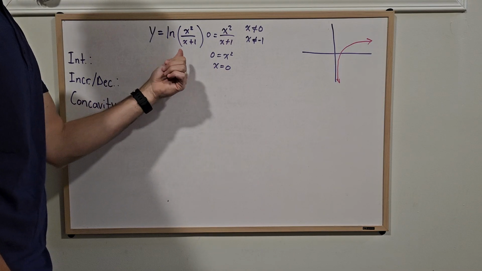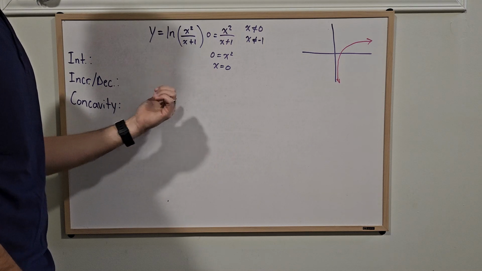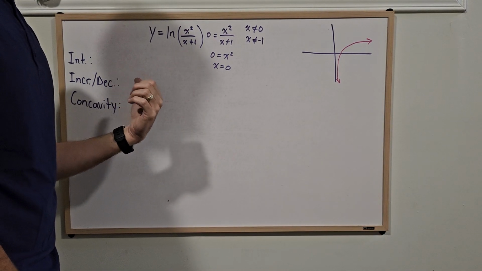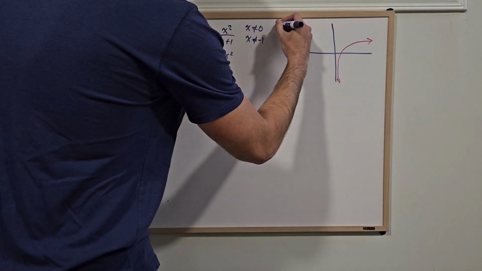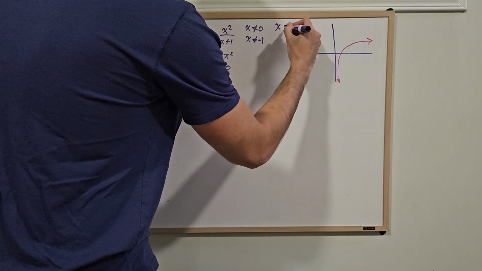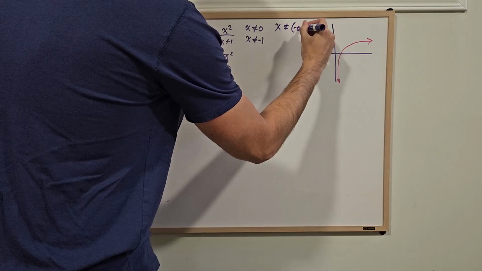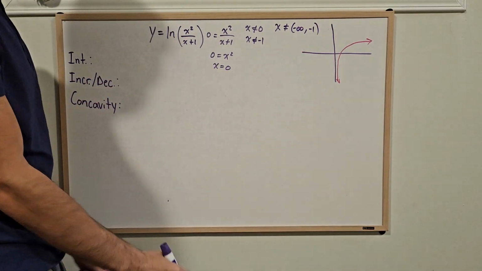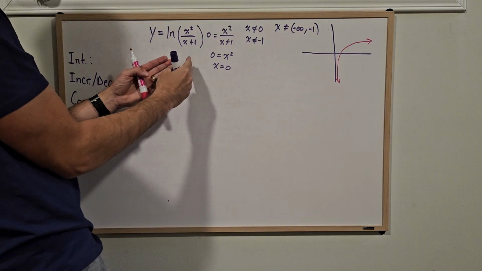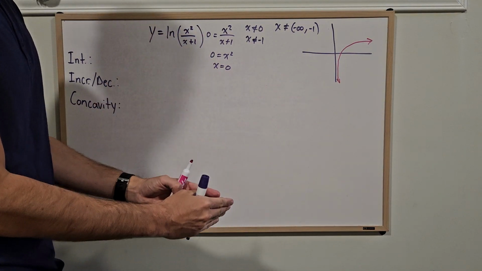If I put in a -3, same thing, -4, -5, all the way to -infinity, okay? It does not exist in between -infinity and -1. I have nothing there, so I cannot take the natural log of a negative number, okay?